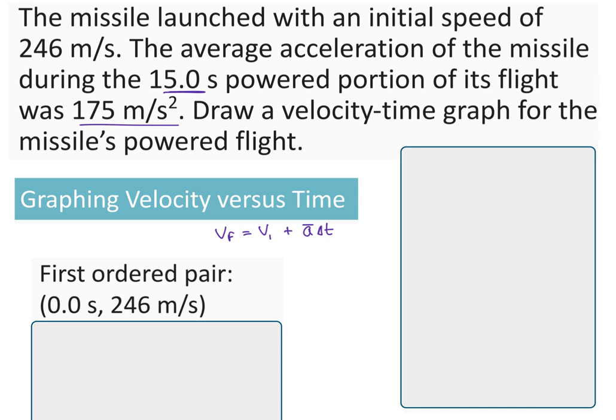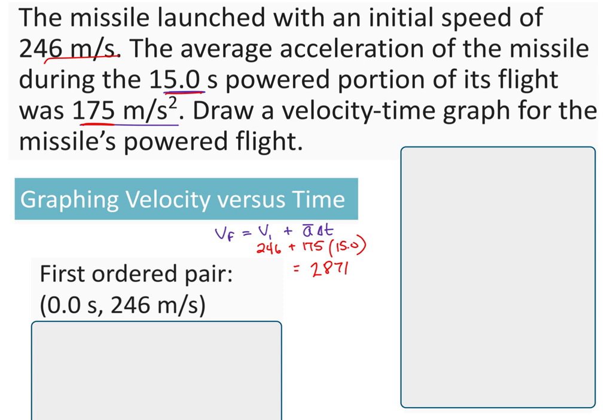So I'm going to plug all of this in. My initial velocity, 246, I got from my problem here, plus my average acceleration, they gave me that too, 175, times my time, 15.0.